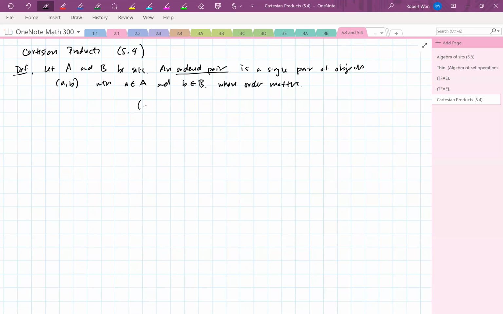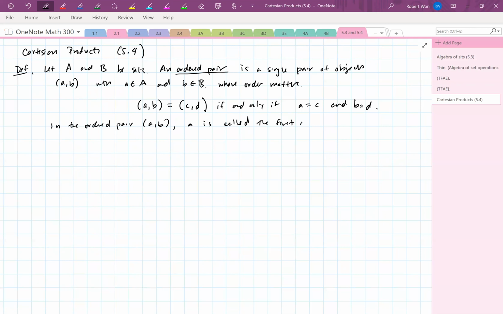Okay, to say that two ordered pairs (a, b) and (c, d) are equal, this is if and only if a equals c and b equals d. Okay, so in the ordered pair (a, b), a is sometimes called the first coordinate of the ordered pair, and b is called the second coordinate of the ordered pair.